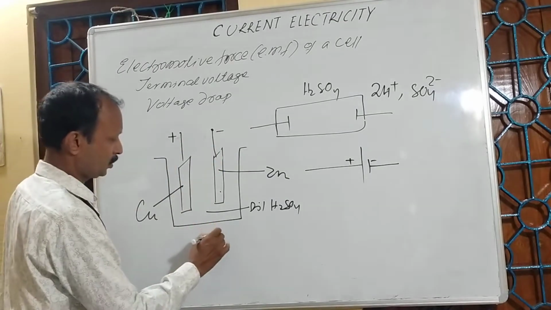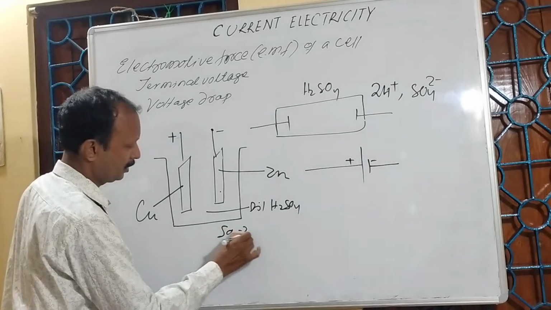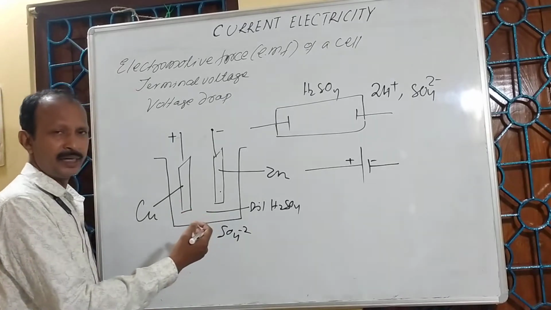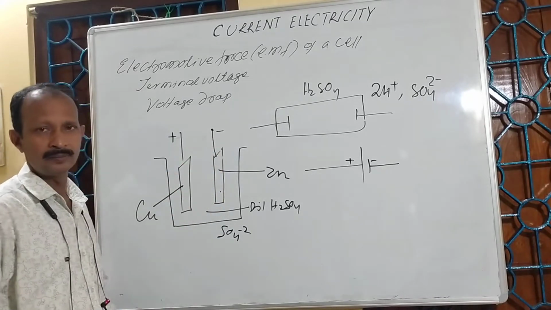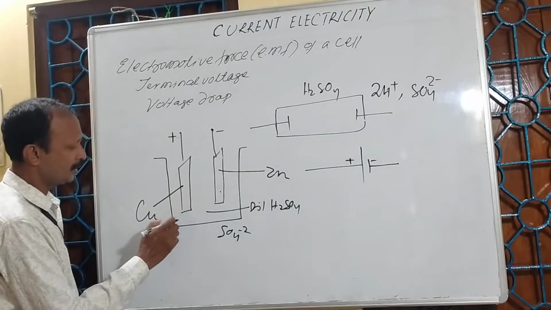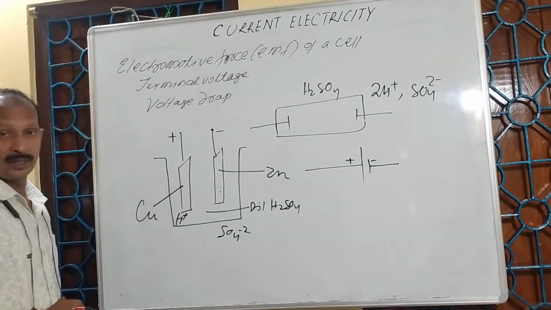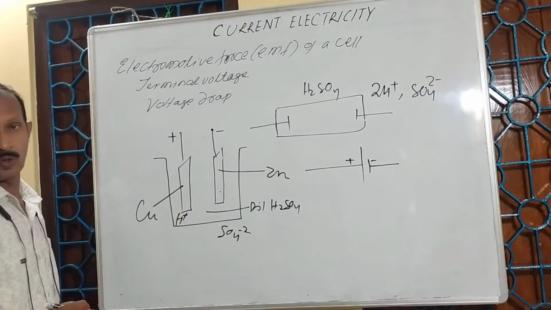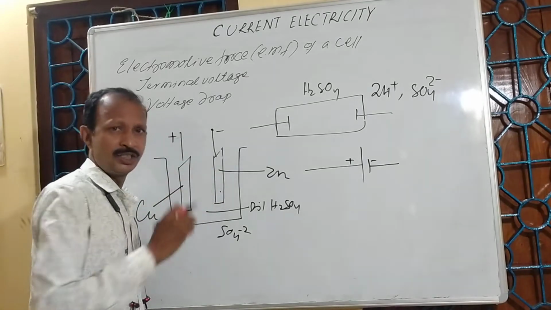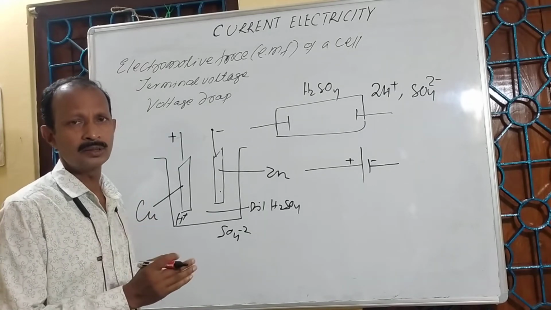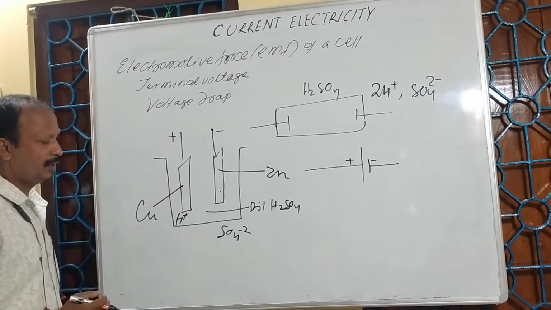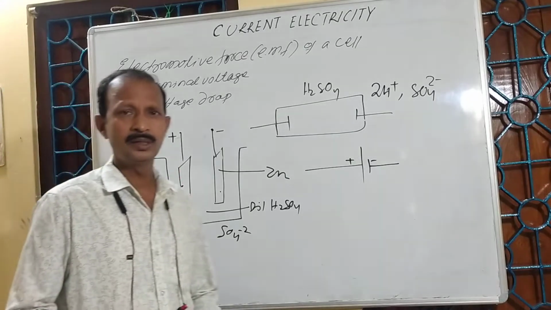When sulfate ions, which are negative in charge, move towards the zinc rod, they emit electrons to the zinc rod. At the same time, hydrogen ions, which move towards the copper electrode, gain electrons. As a result, at the zinc side the number of electrons increases, whereas at the copper side the number of electrons decreases.